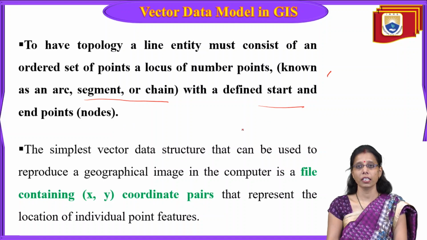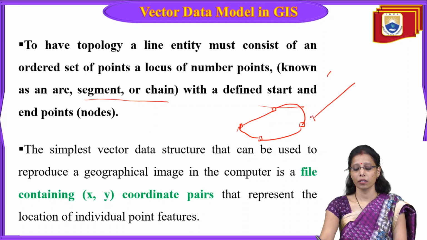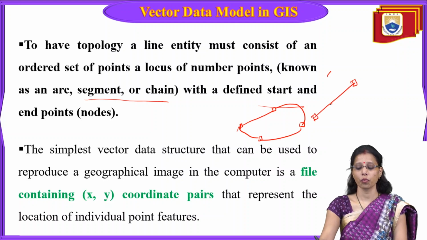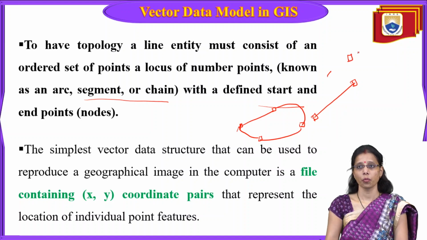If you remember the digitization process from the previous lectures, it is about points, arcs and segments. This is the vertex. When you click like this, it forms an arc with different segments. To make a polygon, you have to complete the segments. To make a line, there is a starting point and an end point. To make a point, you just put a point here.